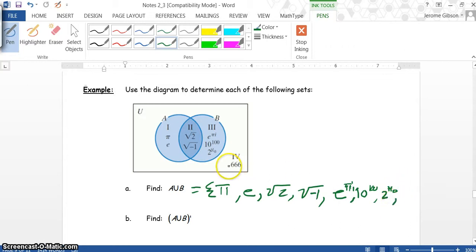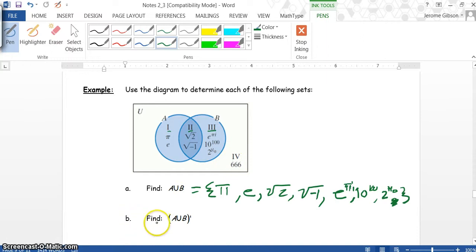And finally, that will be it. So this is the answer to A union B, all of these elements. Now this 1, 2, and 3 is just telling us the regions. That's all. So the elements are these two, and these 3. And also, but we're not doing outside of A union B, 666 would be region 4.